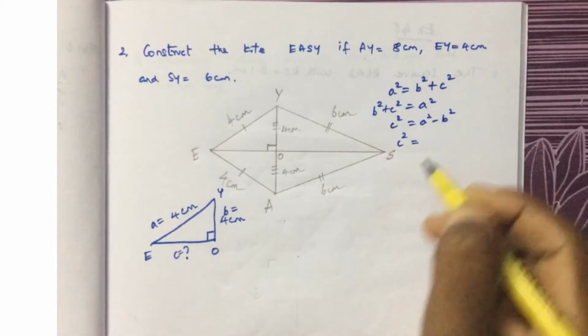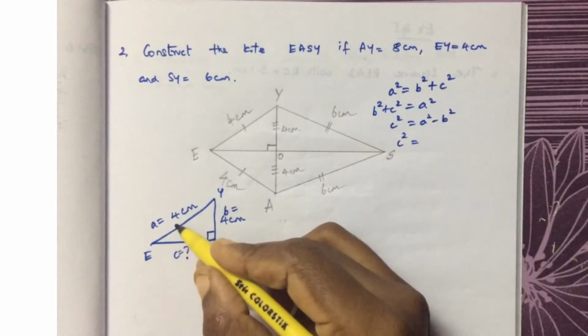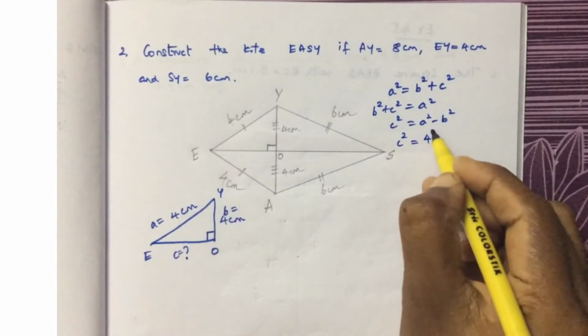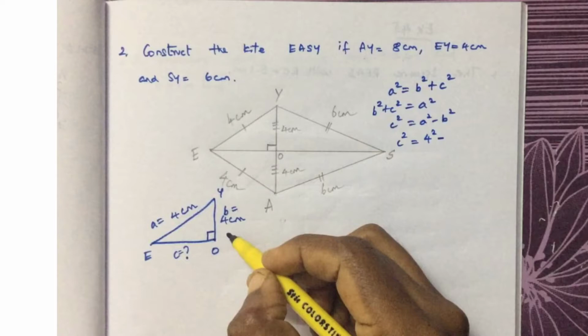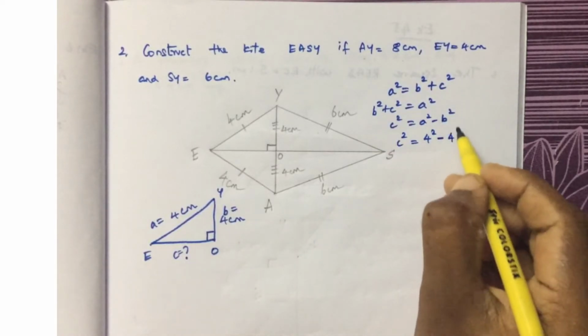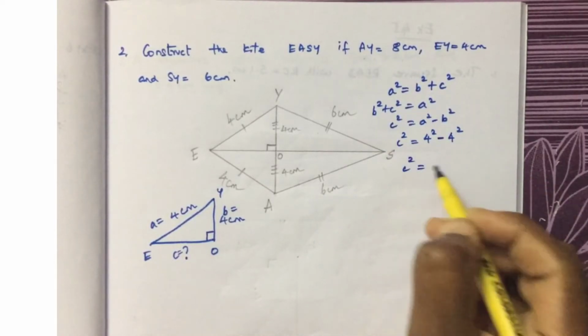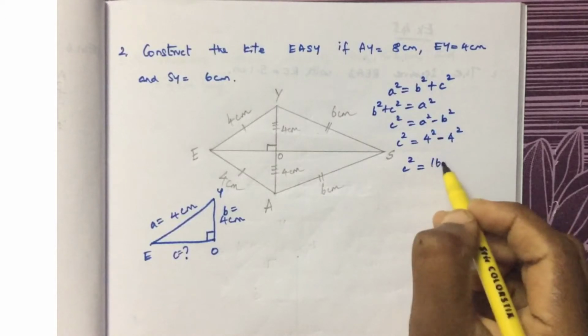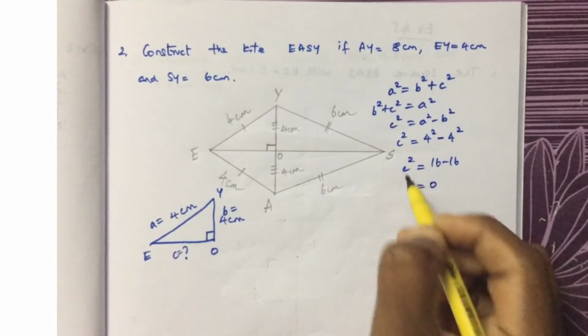A is 4 centimeter, so it is 4 square minus B, which is 4 centimeter, so again 4 square. So C square equals 4 square, which is 16, minus 16, which is 0.